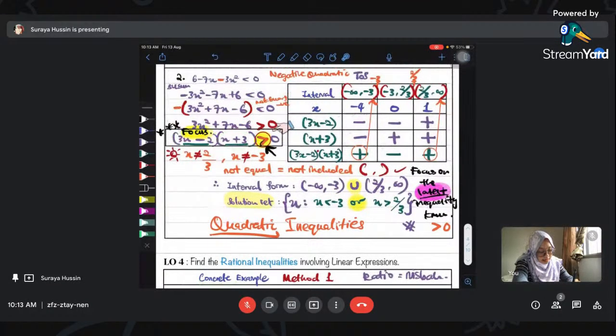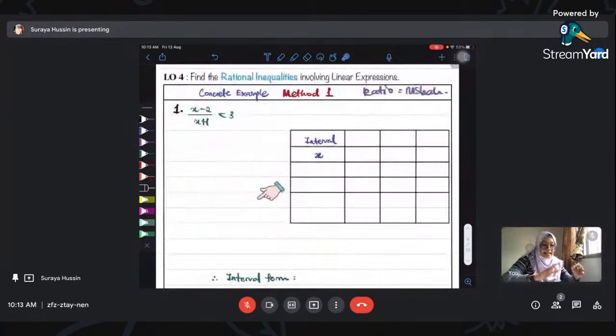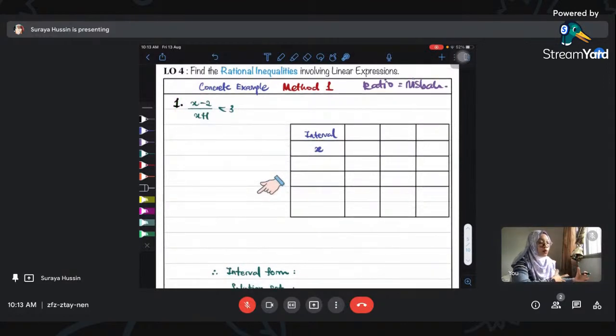Kan? Itu adalah quadratic. Tapi kalau rational, linear bahagi linear. Okay, that is what rational is. Kena faham dulu maksud soalan. Bila faham maksud soalan, barulah tahu kaedah nak menjawab macam mana.